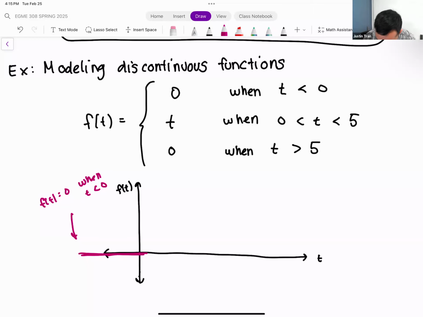Between 0 and 5, our function takes the value of t, and t is just a linear function, just like that. This continues all the way up until t is equal to 5. And then after t is equal to 5, our function shuts off yet again, and at this point it's 0 again.